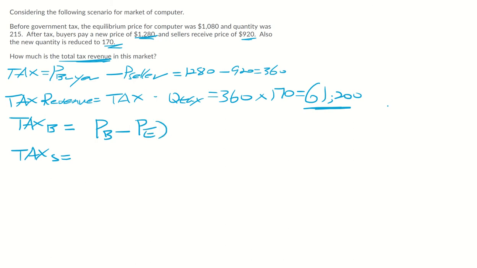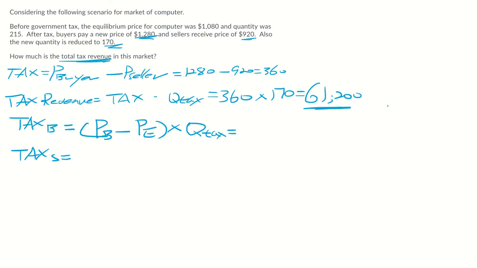So how much extra did the buyer pay, times the quantity with tax. There should be a Q, not a T. So how much extra did the buyer pay for each item times how many items they will buy with the tax? That's how much tax they will pay.